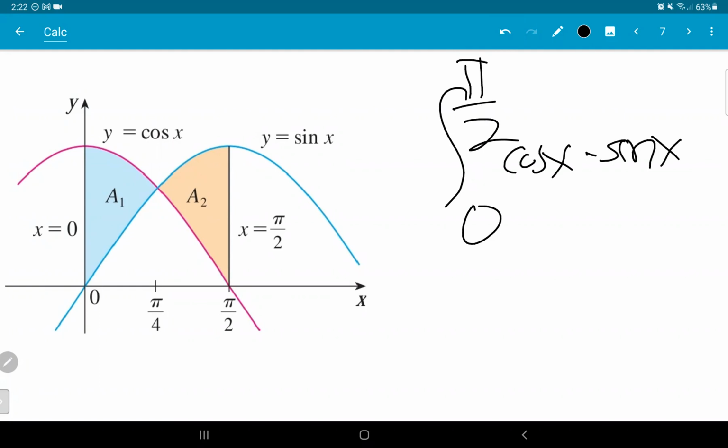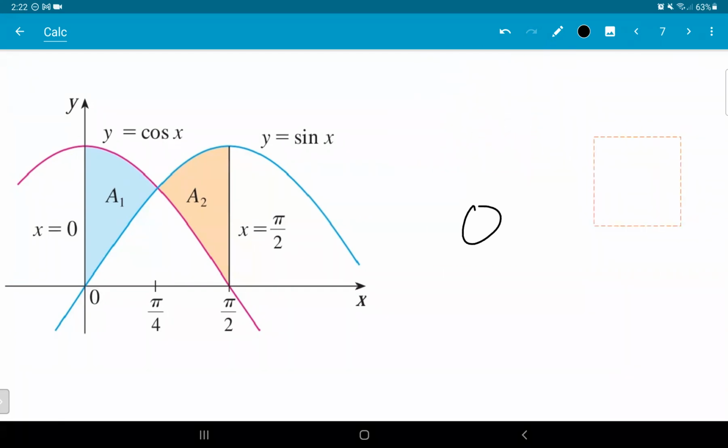Because in one region, one curve is higher than the other. In another, it's the other that's higher than the former. So we will have to split the integral here into two integrals, which give us the area for each region A1 and A2.